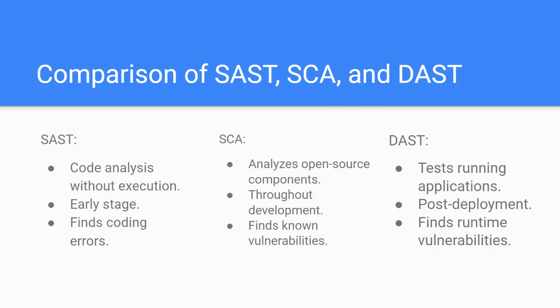Here, if we talk about the main points, SAST is code analysis without execution, and it analyzes your whole code. On the other hand, SCA doesn't analyze the code. It's just for the open source libraries and components you are using or calling via code.